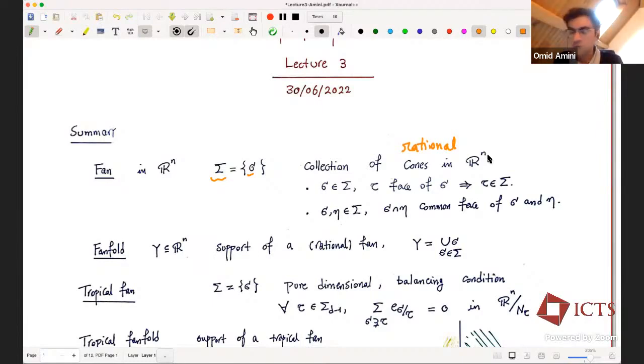And for the full lecture, the cones which appear are all simplicial, in the sense that the dimension of the cone is exactly the number of rays it contains. Okay, so if you are working in dimension 2, the cones of dimension 2 are of course generated by 2 rays.